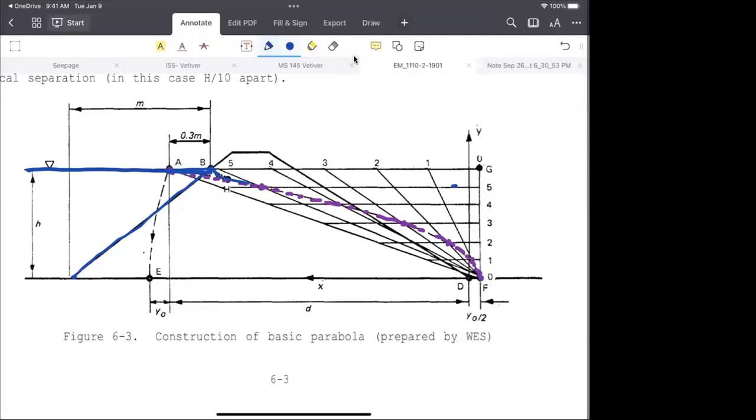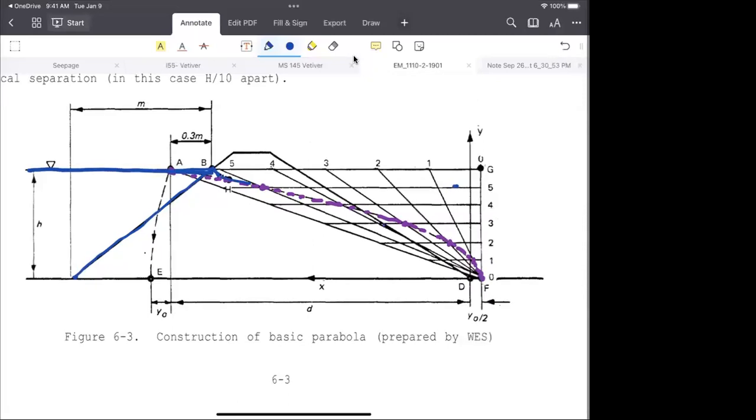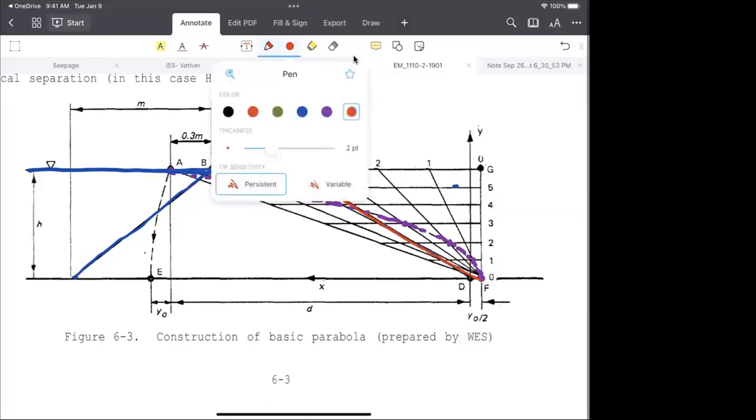Right? Our last drop is right here. This surface is our last superficial drop, right? So our flow lines are going to be adjusted here.